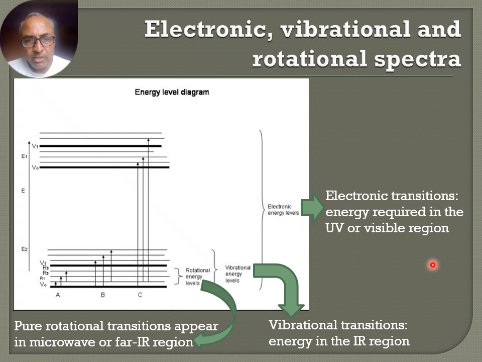The electronic transitions require energy in the ultraviolet or visible region. The vibrational transitions require energy in the infrared region, whereas the pure rotational transitions appear in the microwave or far infrared region.